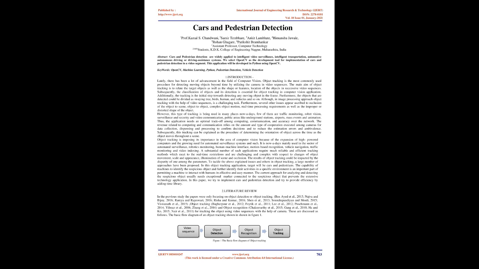in successive video sequences. Subsequently, object classification and detection are essential for object tracking in computer vision applications. Additionally, tracking is the first step towards locating or detecting the moving object in the frame. Following this, the detected object could be classified as a swaying tree, birds, human, vehicles and so on.